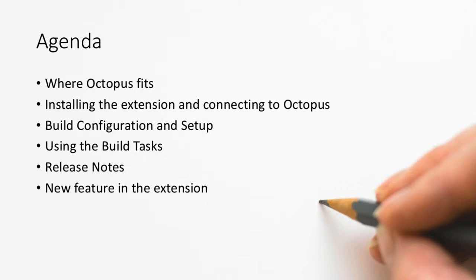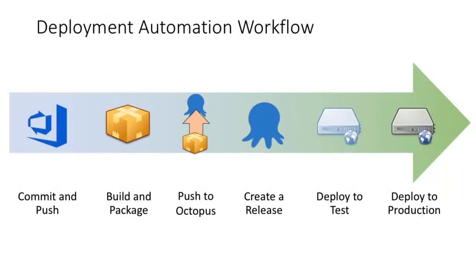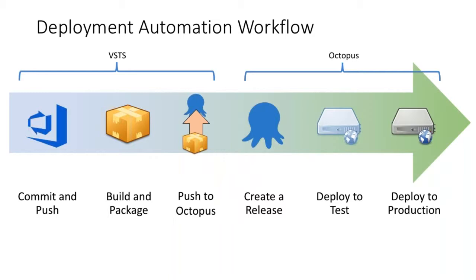So let's talk a little bit about where Octopus fits in this pipeline, and also where VSTS fits. This is the slide that I usually show people when I talk about the pipeline with Octopus, especially with VSTS as well. And you'll notice a nice shiny logo that's got an update right at the start there. So the general process for developers, they use VSTS and VS to work on their code, commit and push it, and then there'll be a build process.